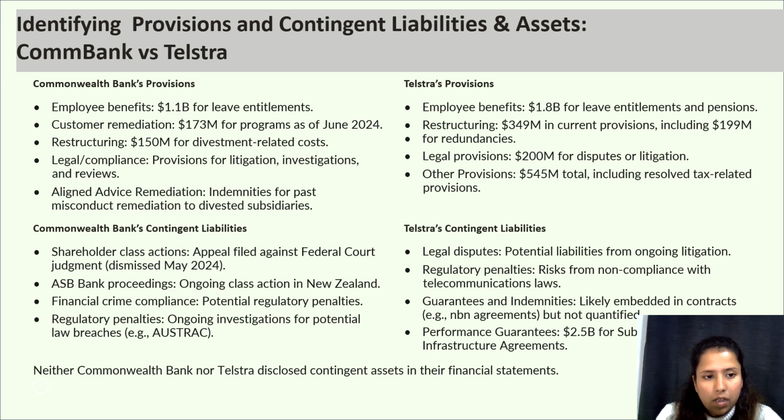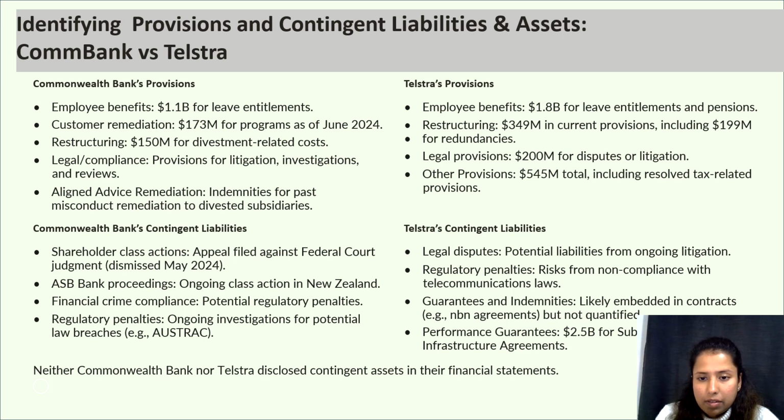Talking about Telstra's provisions, Telstra holds $1.8 billion for leave entitlements like pension. Restructuring holds 349 million in current provisions, including 199 million for redundancies.